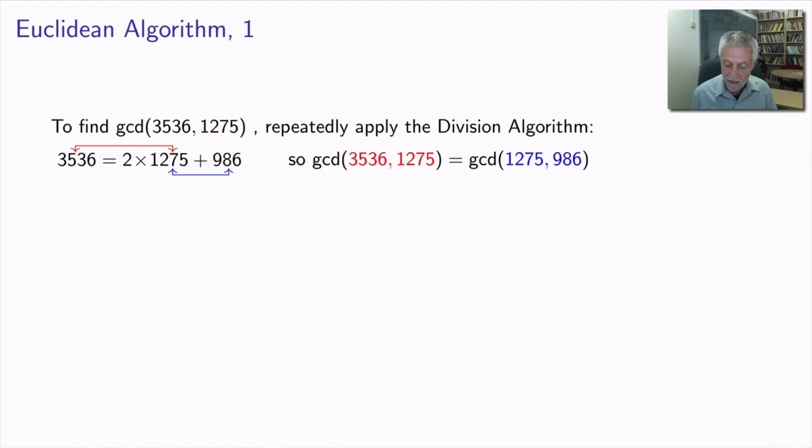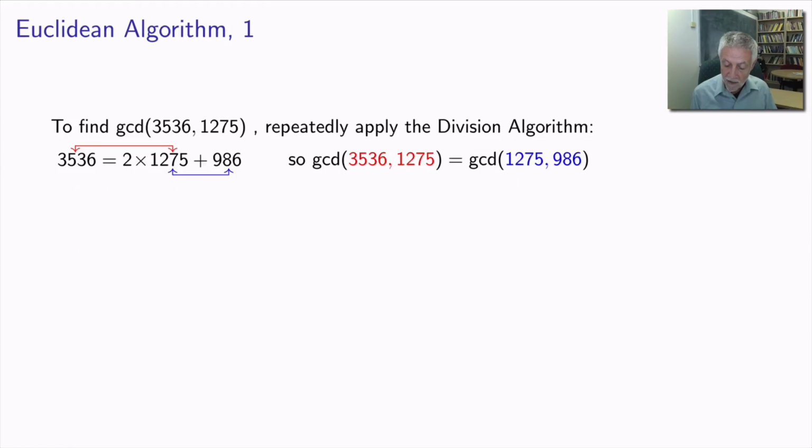Now what I claim is that any common divisor of those two will also be a common divisor of the other pair, and conversely. Suppose I have a number that divides both 3536 and 1275.